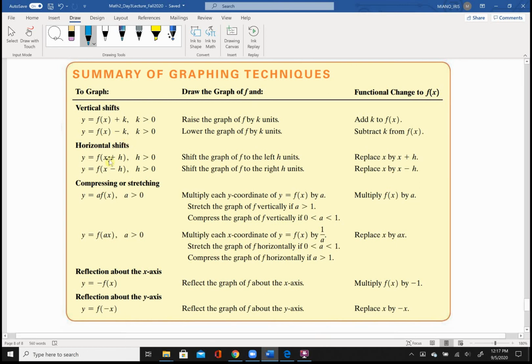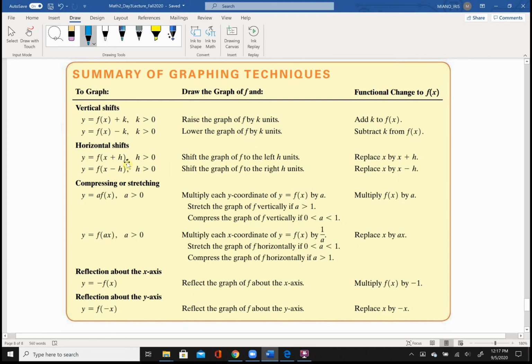If it's directly on x, then you have a horizontal shift, okay? It's a little bit backward in my understanding. The way that I learned it was: when there's a value added to x directly and it's a horizontal shift, then it's going to be moving to the left, which is a little bit counterintuitive.